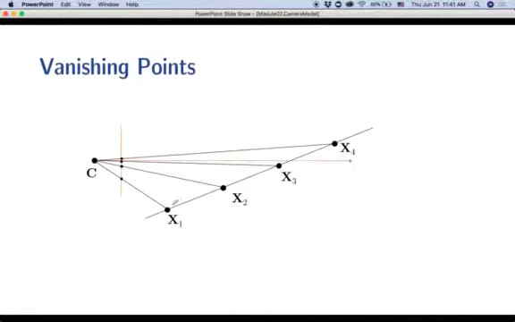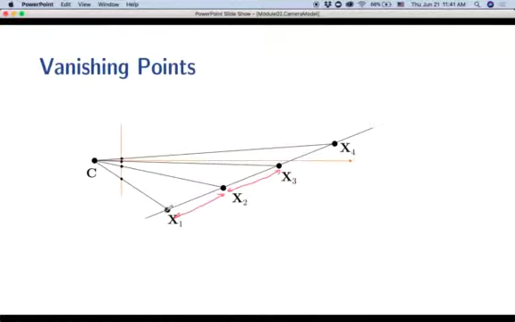Now notice that these points are equal distance in the world, but they are not equal distance in the image. They seem to be converging, which is something we are familiar with. That's how cameras act on things which change the distance from the camera.